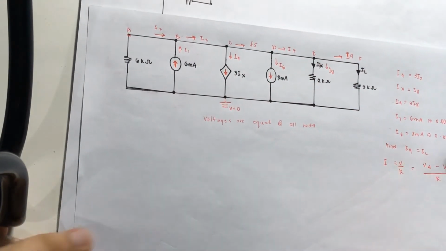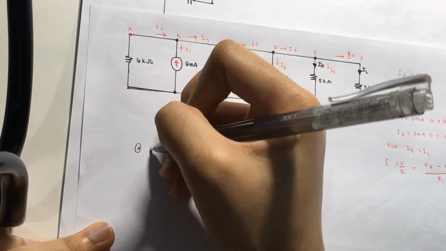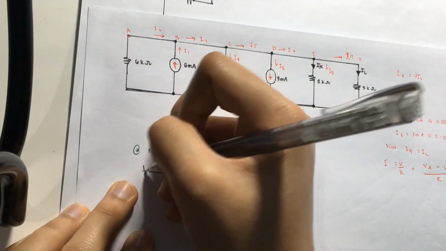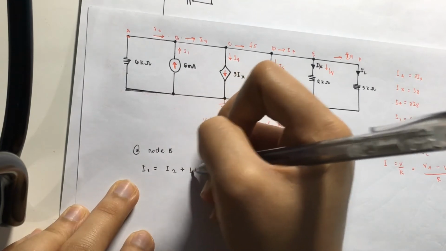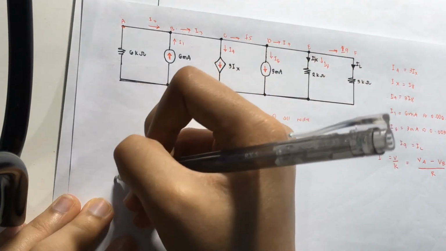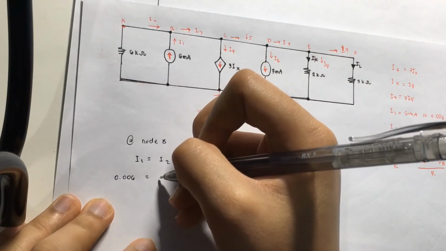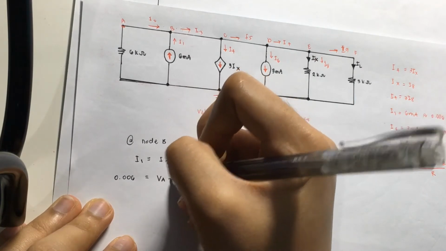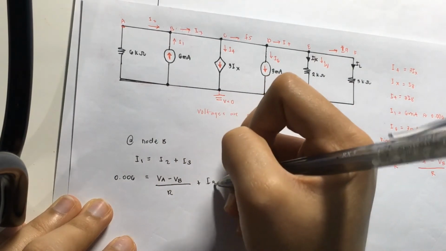So first, let's identify at node B. At node B, since I1 is going into node B, I1 is equal to I2 plus I3. And I1 is given by 0.006, and I2 is the high potential voltage minus the lower, over R, plus I3.